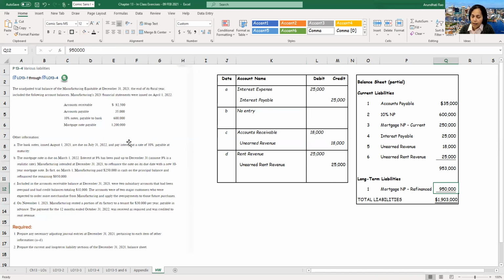And in fact, after the balance sheet date, the fiscal year end, but before it was issued, I have that clarification stating that I did refinance. Therefore, I'm fully within my rights to classify this as a long-term liability. So this is a quick example of how we can have various information, events that happen after the balance sheet date that affect how we present information in our balance sheet.